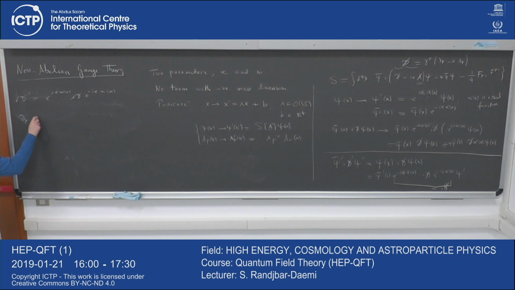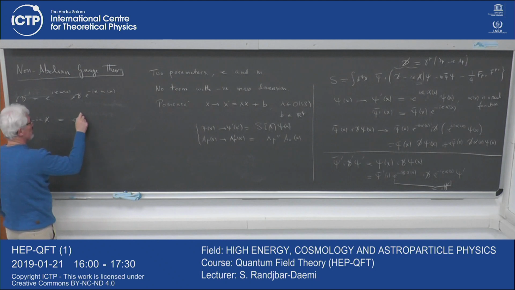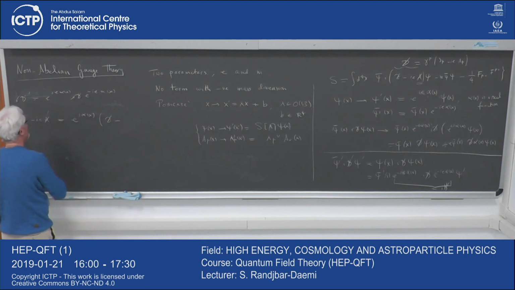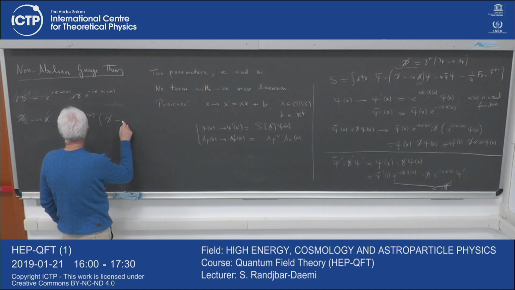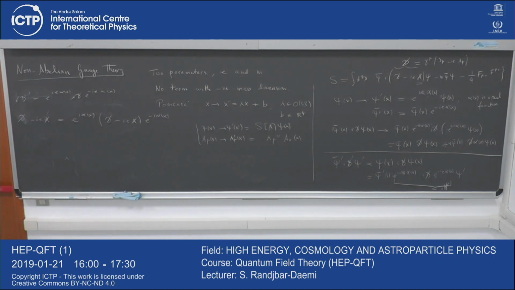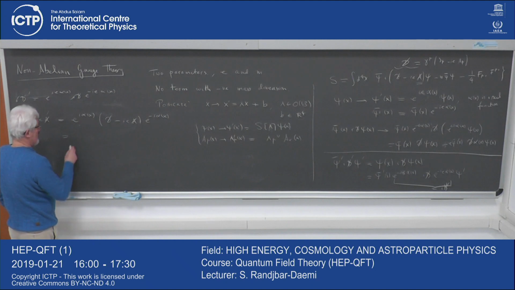This is d slash minus i e a slash prime equals exponential of i e alpha x times d slash minus i e a slash, exponential of minus i e alpha x. Okay?